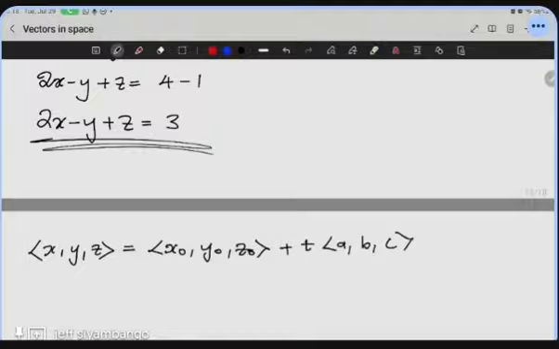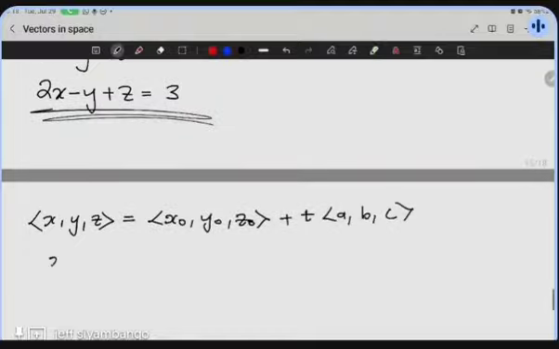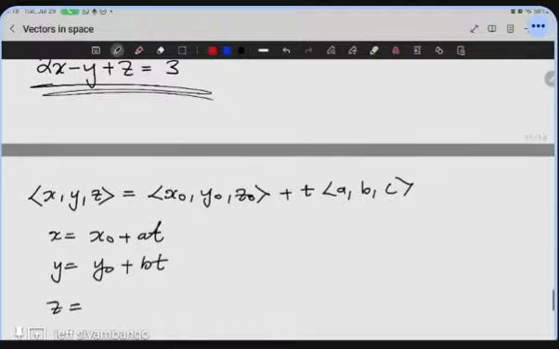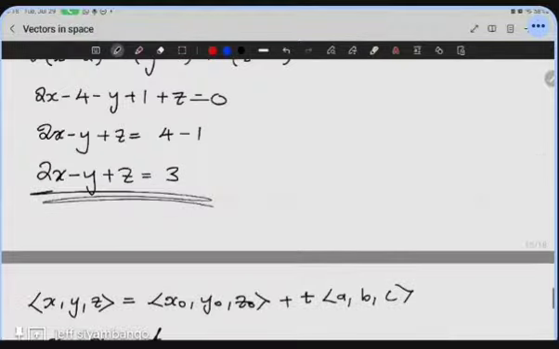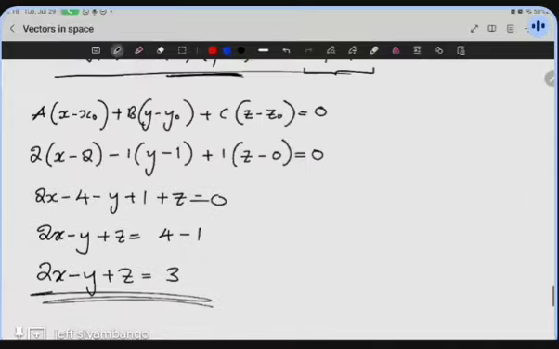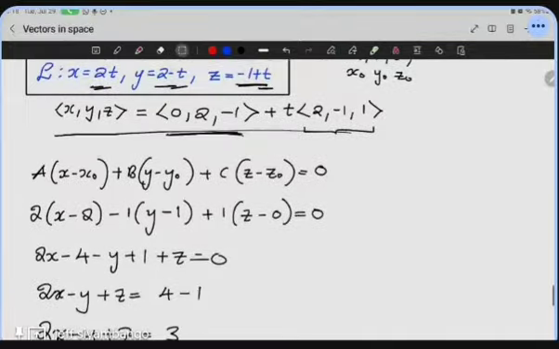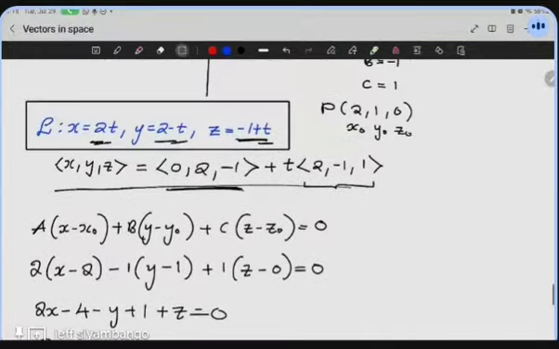When presented in parametric form, it will be x is equals to x0 plus at. Y will be y0 plus bt. And z will be z0 plus ct. So I used that logic to reverse this.